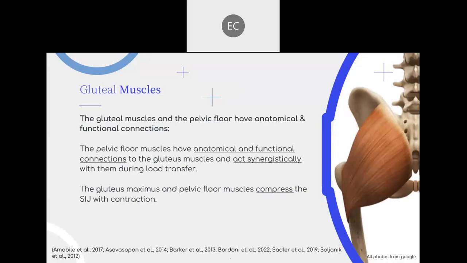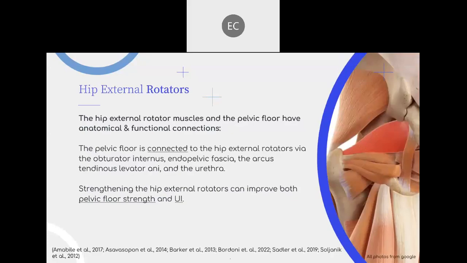Specifically, the gluteal muscles have an anatomical and functional connection to the pelvic floor. The pelvic floor muscles and the gluteal muscles act synergistically during load transfer, and they both compress the SI joint with contraction.